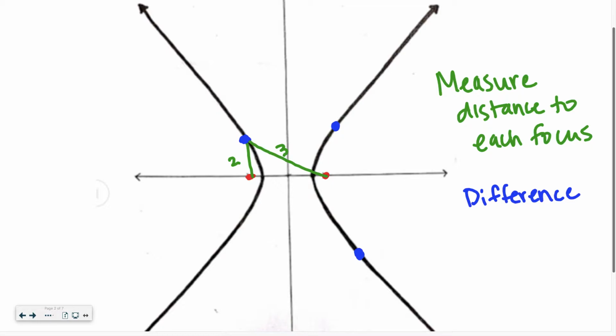For each coordinate, please do this, take the 2 measurements to the foci and subtract them. Turn to your pod and tell them what you notice about the differences in the measurements at each coordinate.